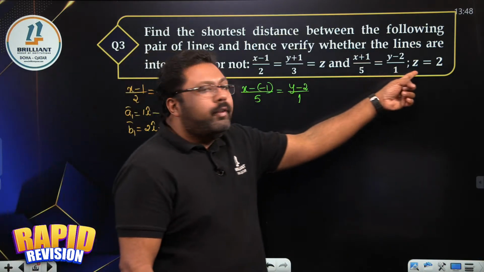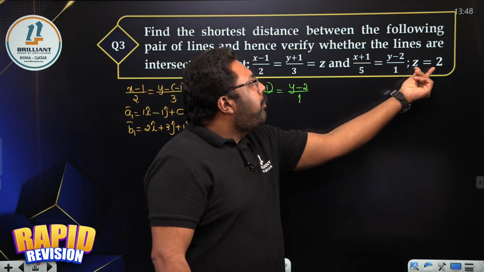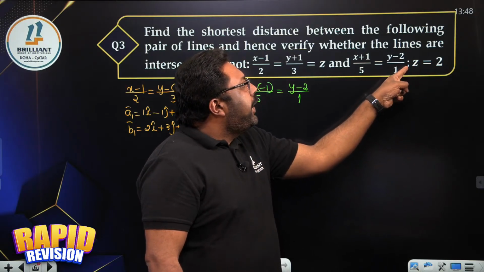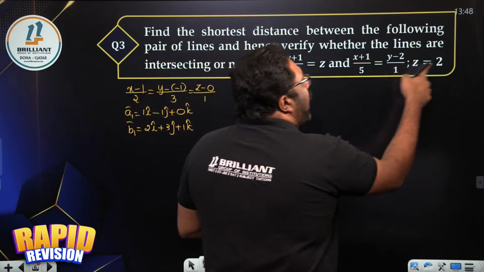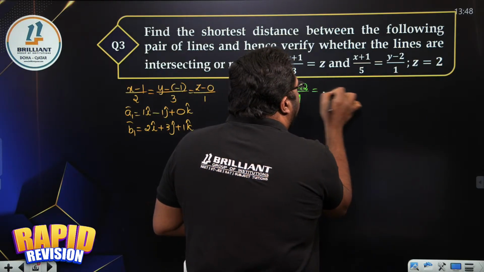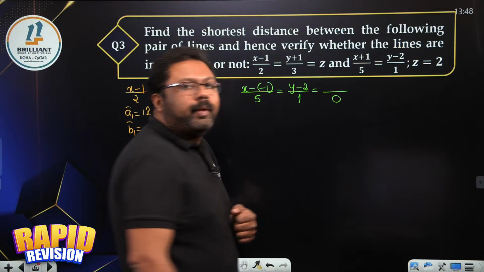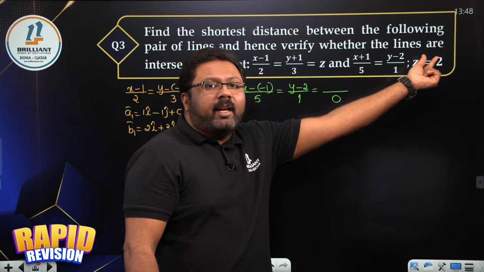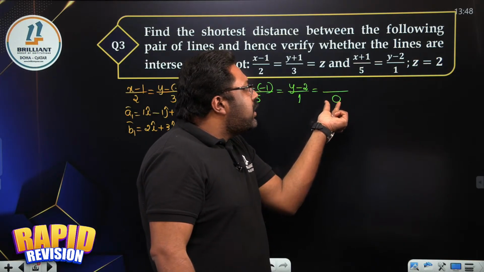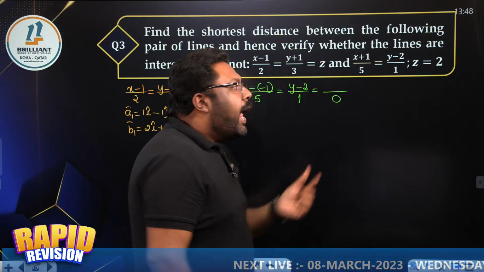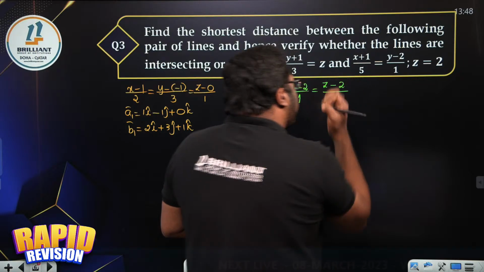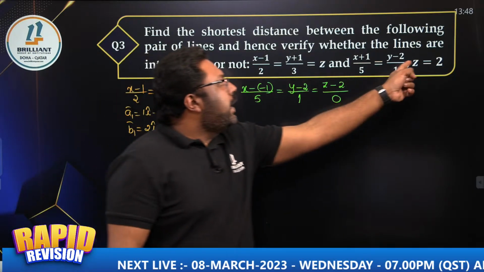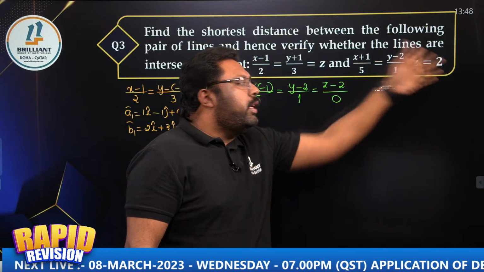This is one very confusing form where one part of the equation is separated using a comma. That means it's the part of the equation where the direction ratio is 0. And z equal to 2 means z minus 2 equal to 0.